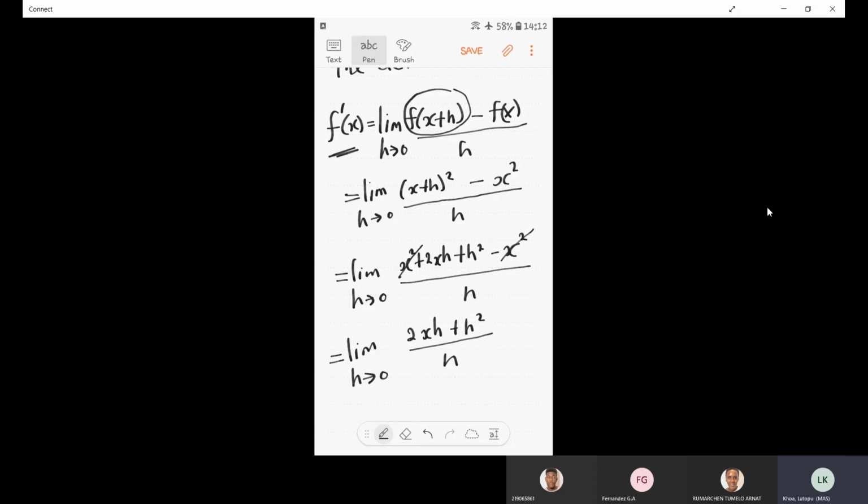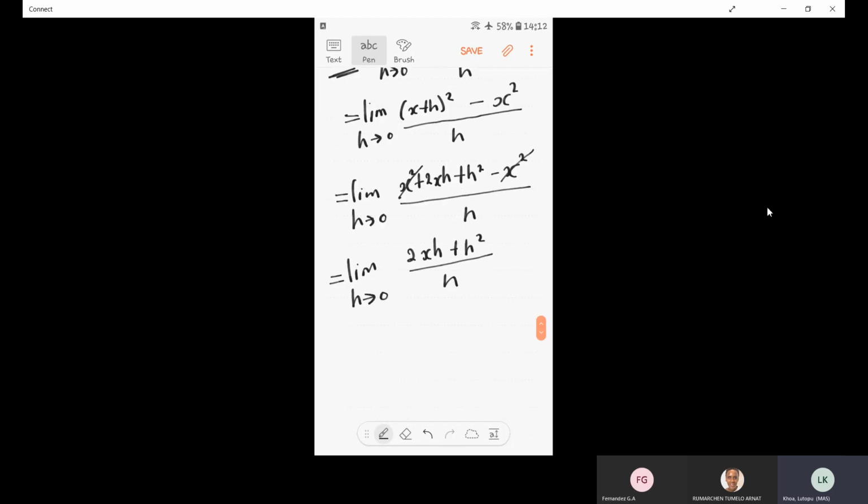Looking at the numerator, I see that h is a common factor, so I can factor it out. So I have the limit as h goes to 0 of h times 2x plus h, divided by h. Now I have h in the numerator, and it can cancel with the denominator because they're multiplying.